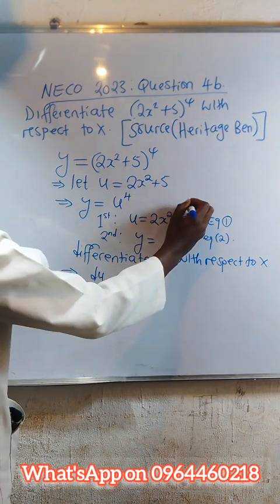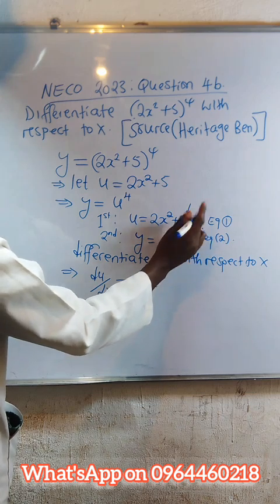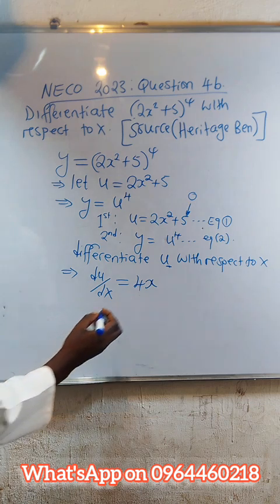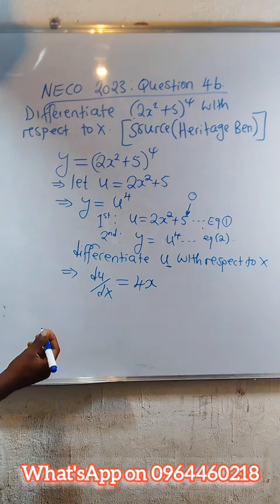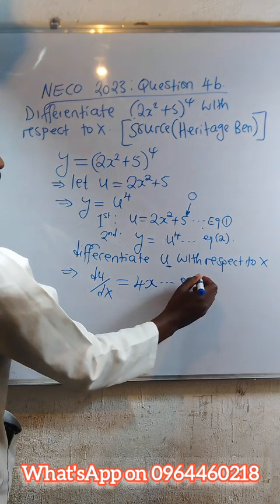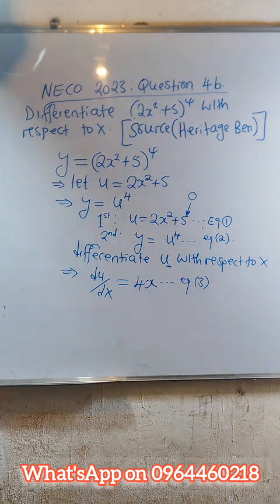The differential of a constant is always equal to 0. So we have du/dx = 4x, and this is equation 3.